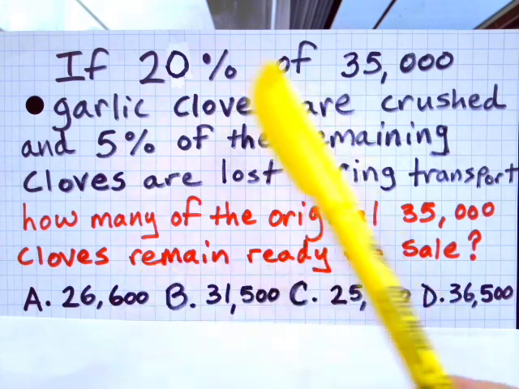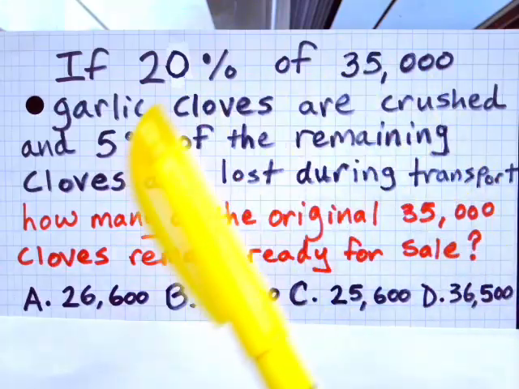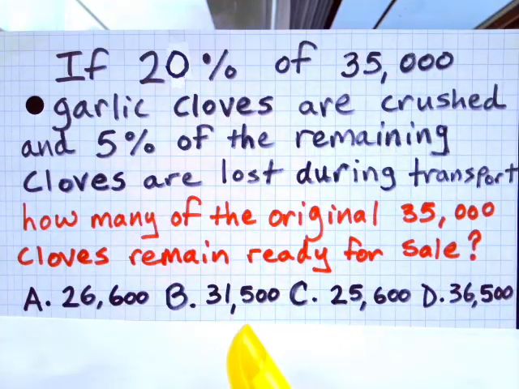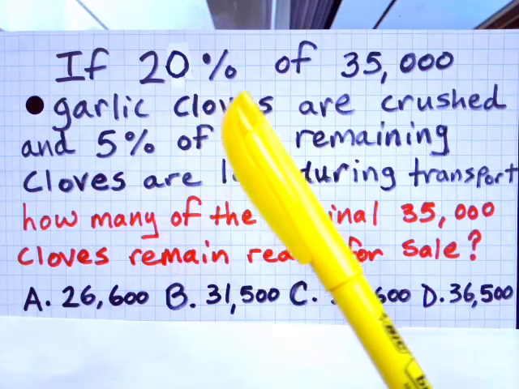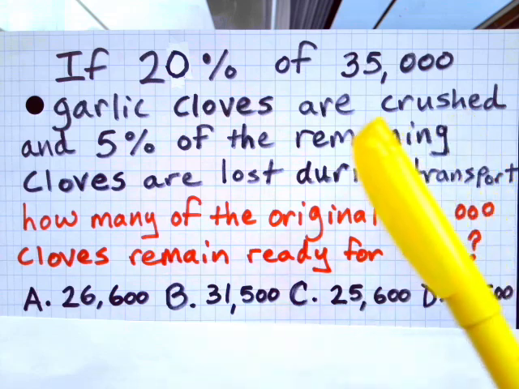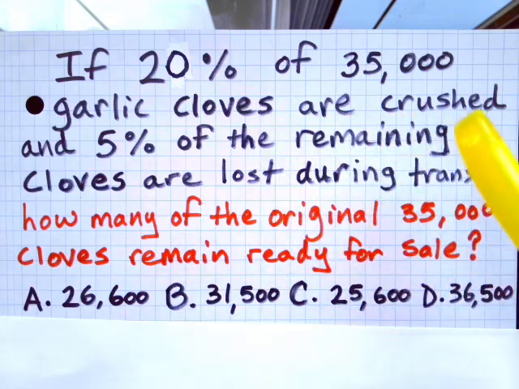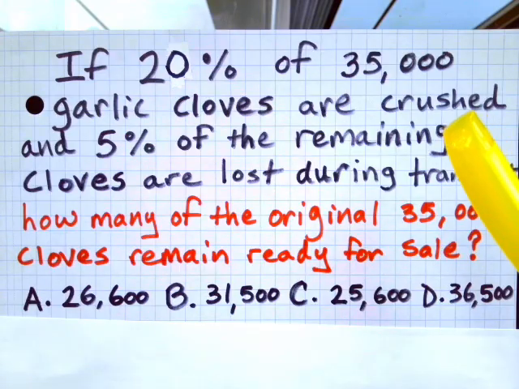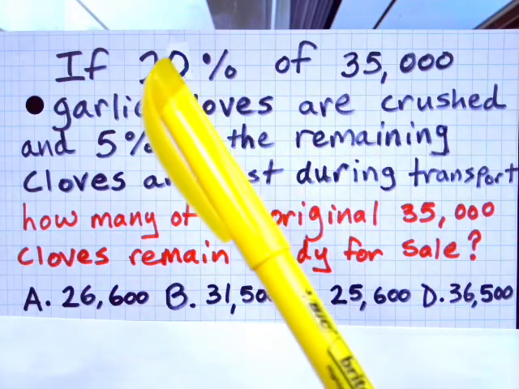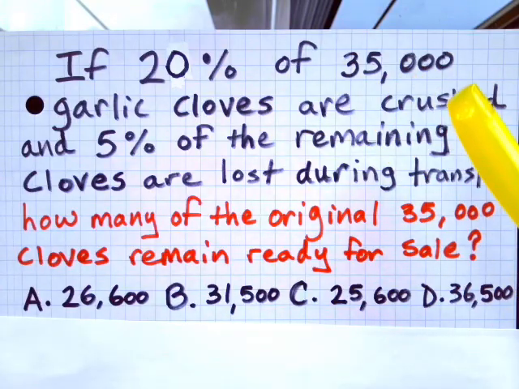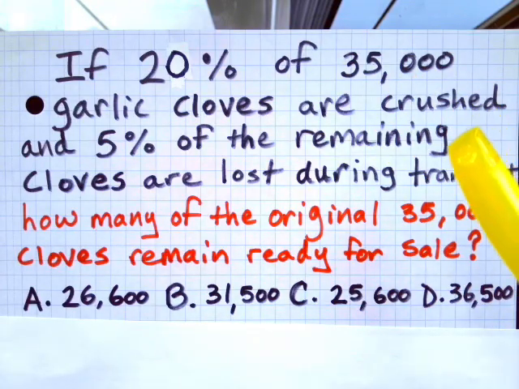One of the things I want you to consider is, is this a mark up or a mark down percentage problem? Well, let's take a look. 20% of 35,000 garlic cloves are crushed, right? That means they're not able to sell those crushed garlic cloves. So I'm going to take 20% off of 35,000 garlic cloves.